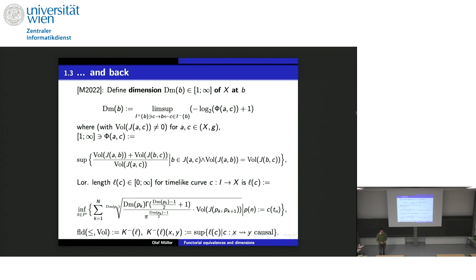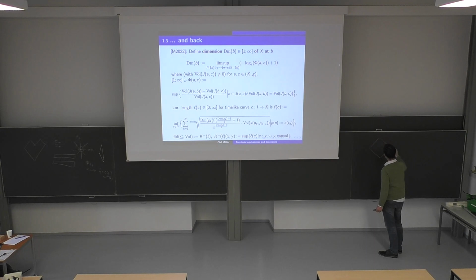simple observation that we can reconstruct the dimension just by looking at which subsets this here is maximized. If we have some A and C and look for some point B in between, in Minkowski space, such that this is maximized, then this will be just the midpoint between them.